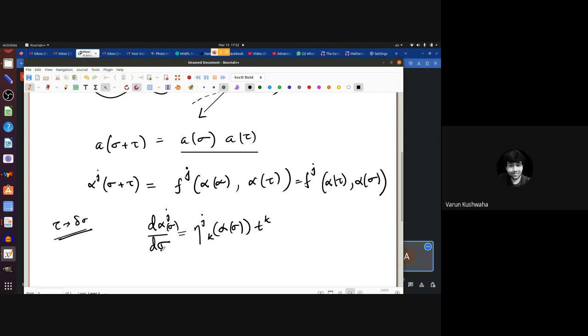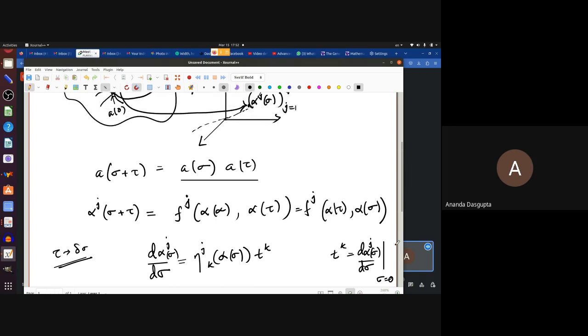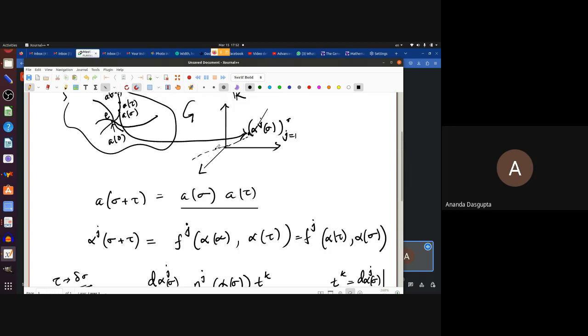Yes, sir. This equation, where TKs are nothing but d alpha j sigma d sigma at sigma equal to 0. So basically, if you think of a one parameter subgroup in terms of the coordinates, as sigma changes, you essentially have a curve on the r dimensional manifold, and the TKs are nothing but the tangents, slopes to this curve.